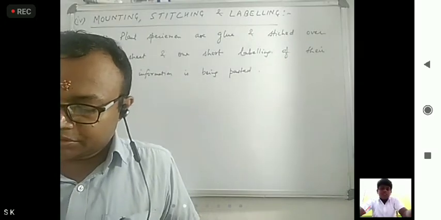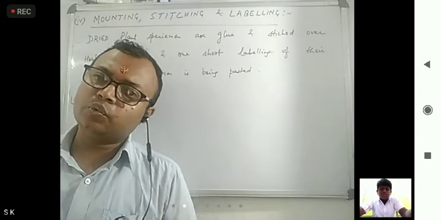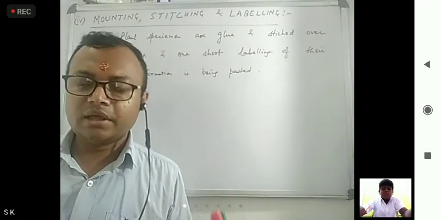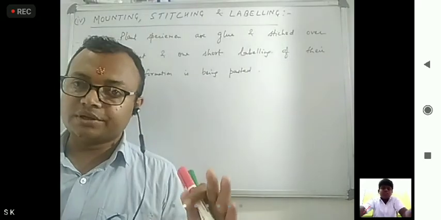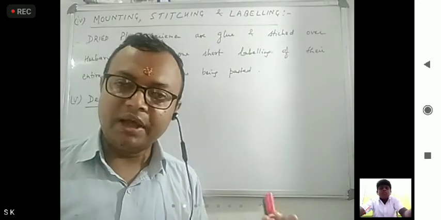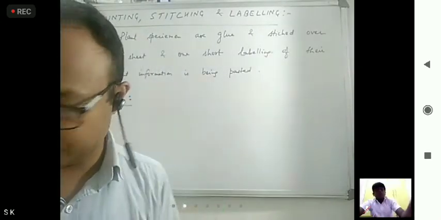So deposition means arrangement, and what they have done is being checked. And it should be on the basis of the Bentham and Hooker system of classification.